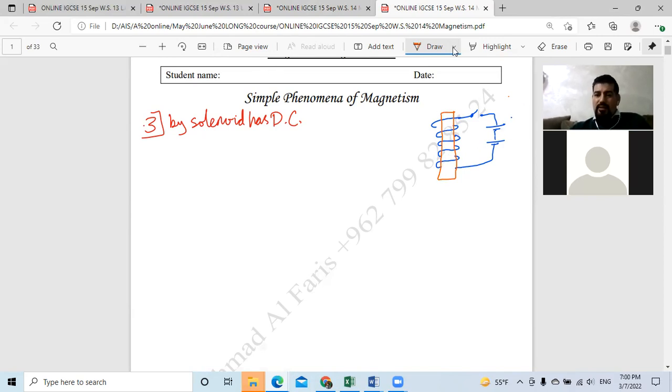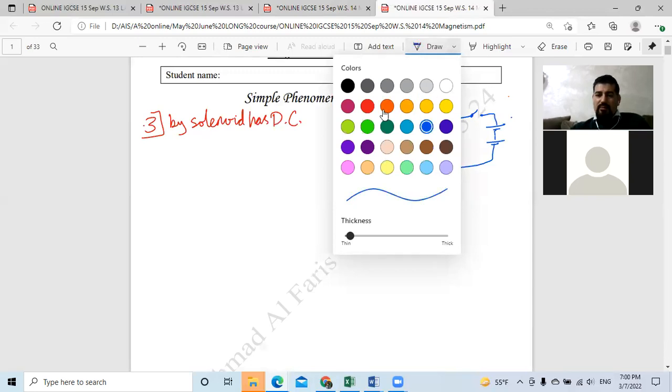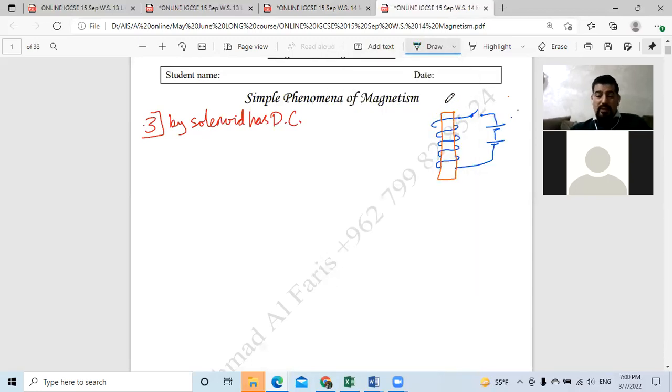Since there is a current, and this current is moving in one direction, one of these sides, as we're going to study later on, becomes north and the other becomes south. In the core, I can put one of two things: steel, to be a permanent magnet, or iron, to be an electromagnet.